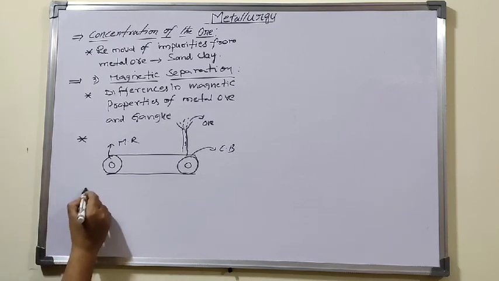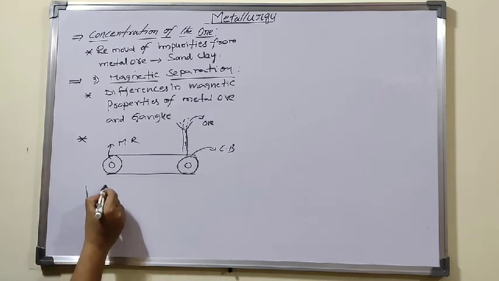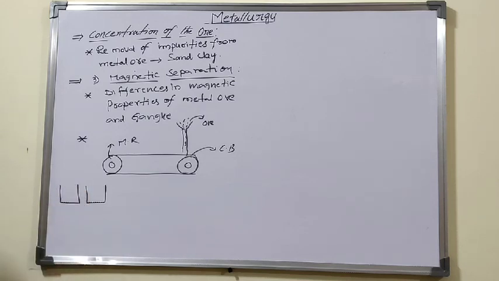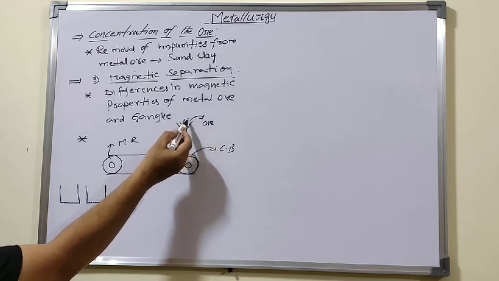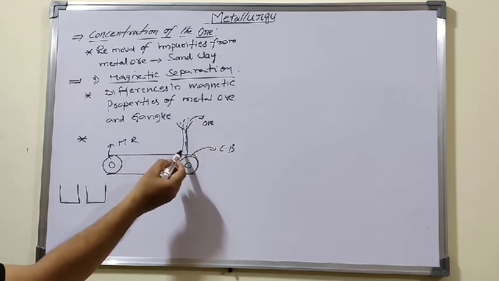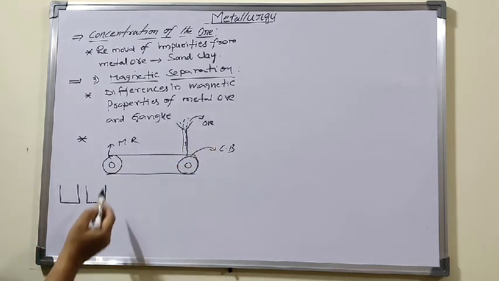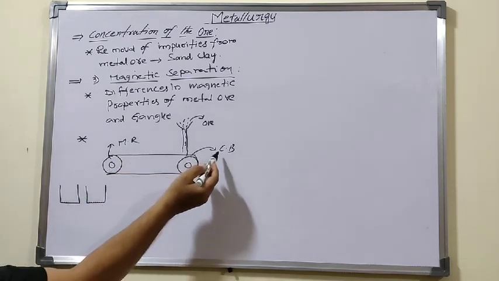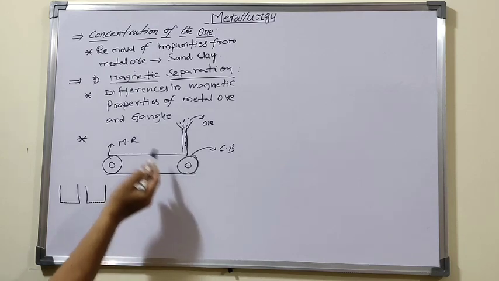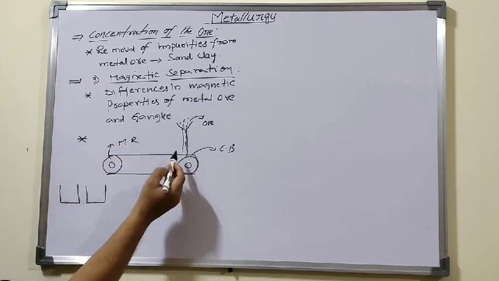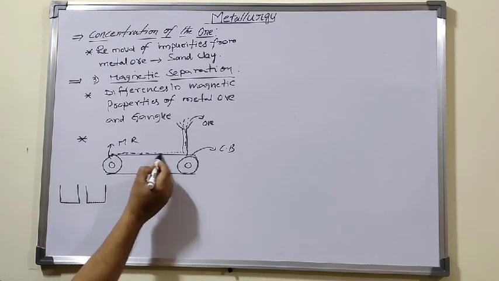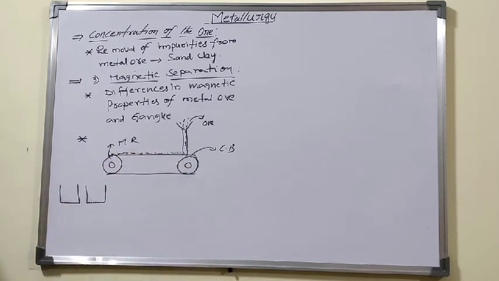And here we have collectors for ore particles and gangue particles. When powdery ore particles are introduced onto the conveyor belt, with the magnetic rollers along with the conveyor belt moving like this, the ore particles move along with the conveyor belt.